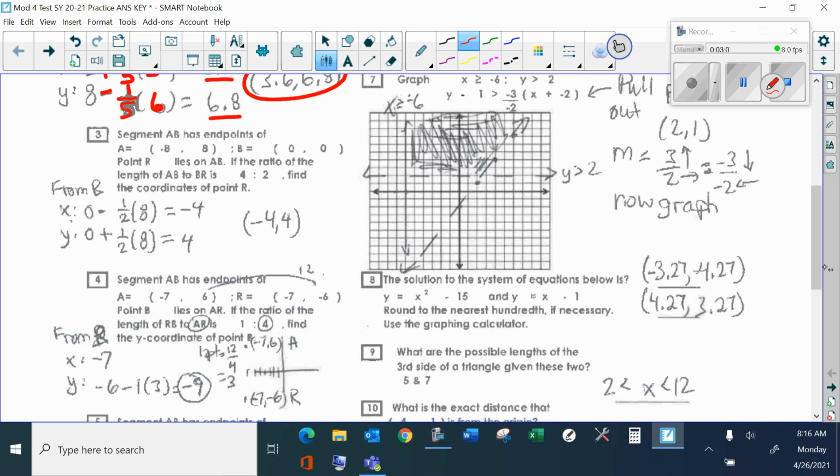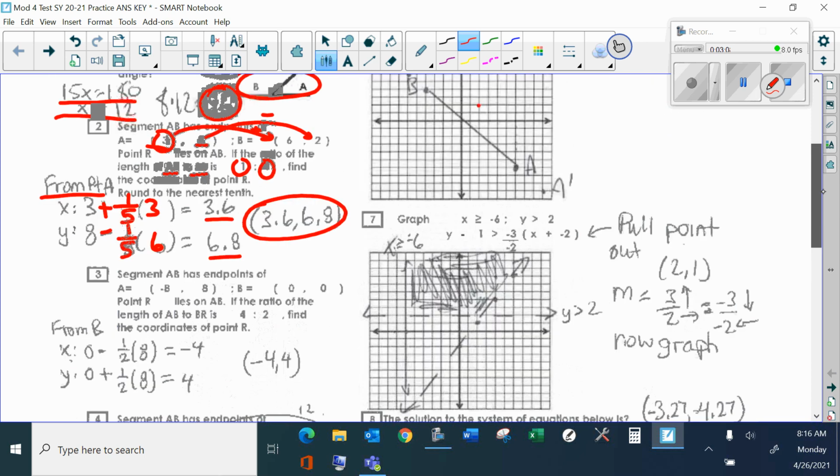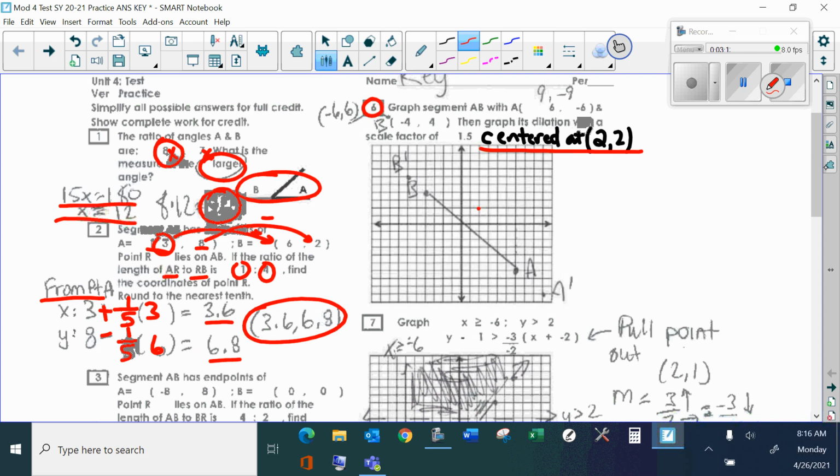Actually, let's go back up and do number 6, so I can just go down the page. So number 6, plot (-4, 4) right here, and that's B, and (6, -6) is A right there. Now it says I'm going by a scale factor of 1.5. Remember, when I go out to the original point, that's a scale factor of 1.